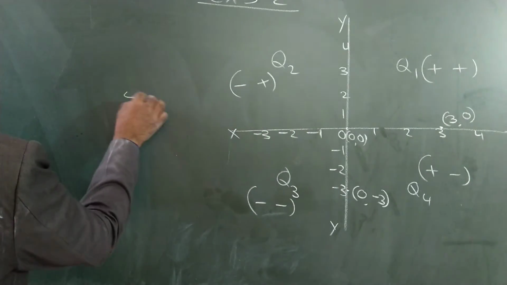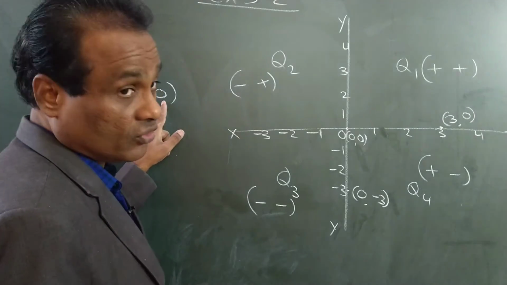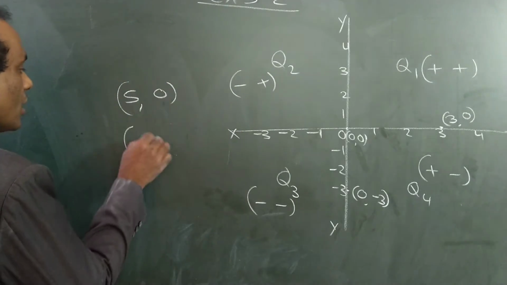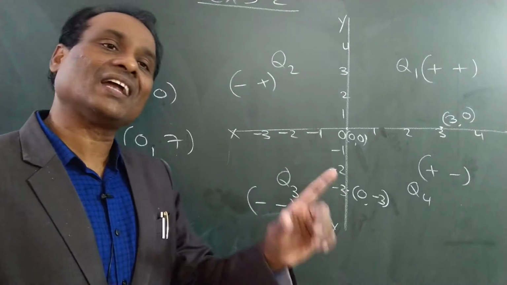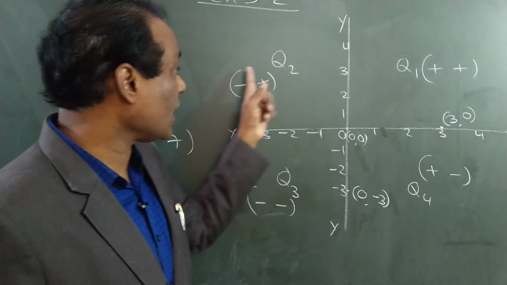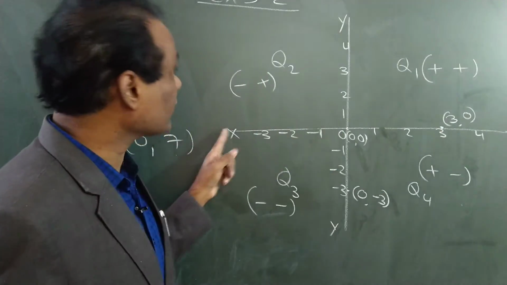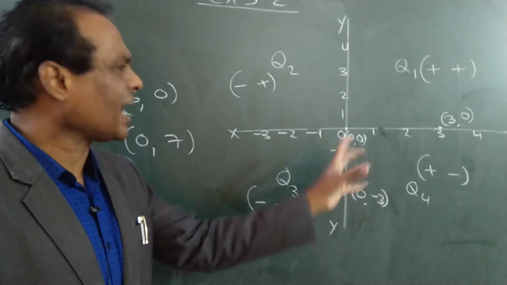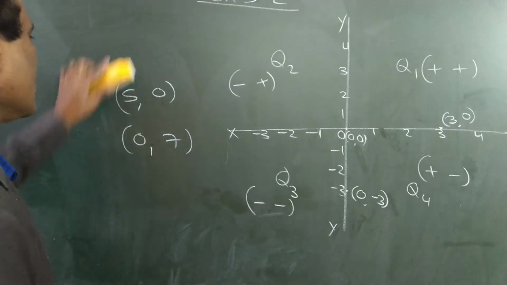Y value 0 means it lies on the x-axis. Suppose (0, 7): x value 0 means it lies on the y-axis. Like that, if a point is given, you can decide whether it lies in the first, second, third or fourth quadrant, or on the x-axis or y-axis. I will give the same in the form of notes. This diagram is sufficient, but I will give notes.